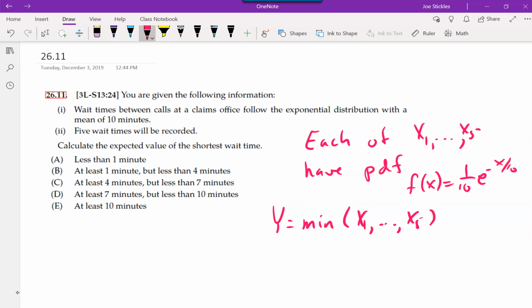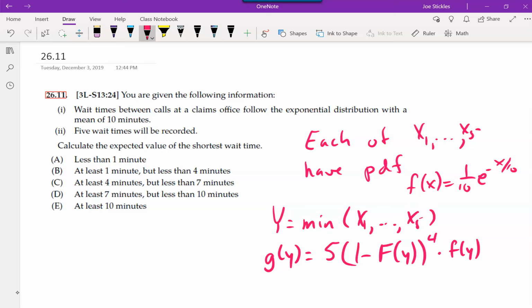What you just told me? Okay. So what will the PDF be? What's n in this case? 5, right? There's 5 times 1 minus big F of little y to the 4th times little f of y. Yeah, that's right in the formula. So our formula with n equal to 5 looks like this, doesn't it?